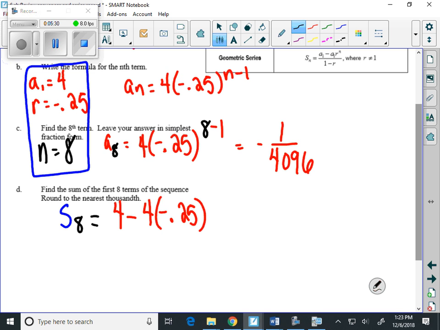Well, once again, n is 8, and then we're dividing by 1 minus r, so this is going to be 1 minus a negative 0.25.